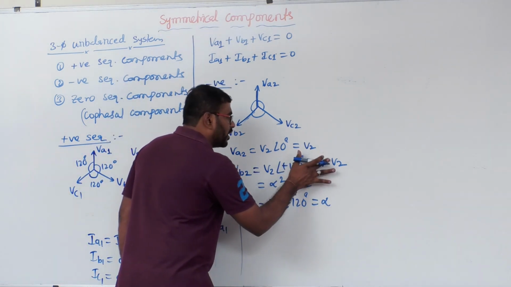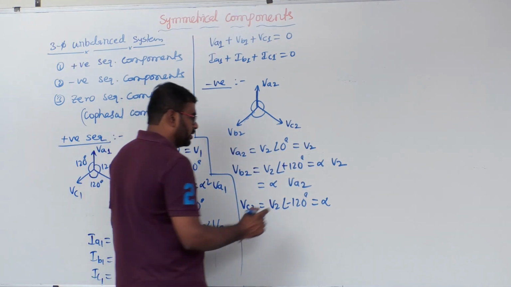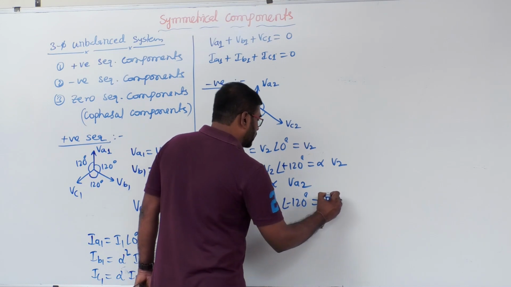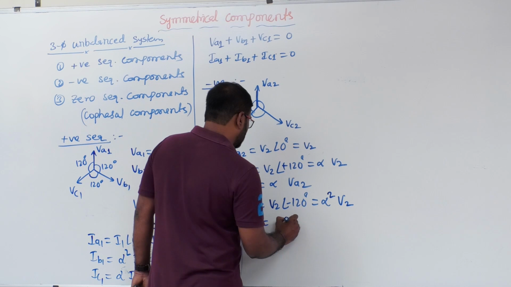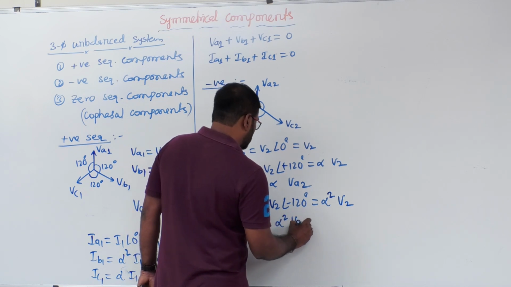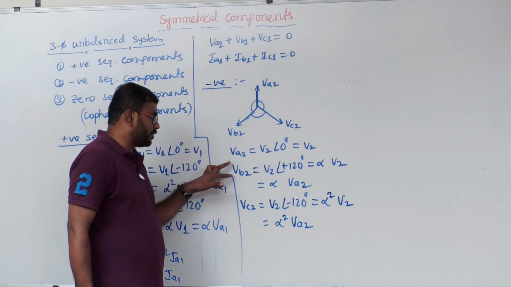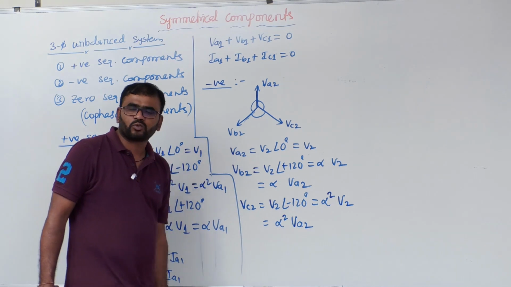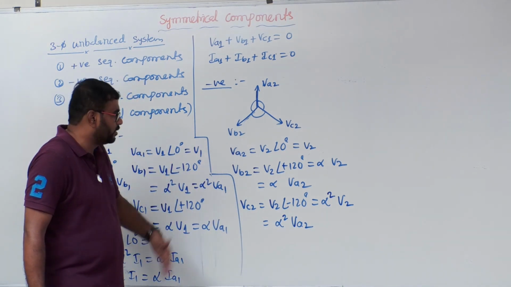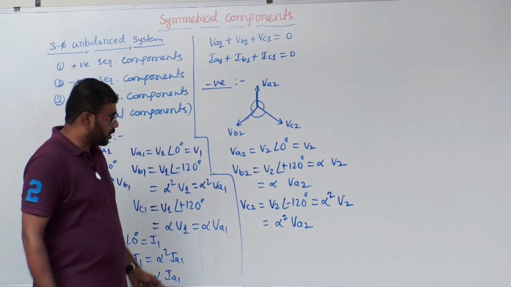Sorry, this is alpha, not alpha square. Alpha is 1 at an angle 120, so alpha, right. So, V2 at an angle minus 120, nothing but alpha square times V2, which is nothing but alpha square times VA2. So, again I am saying, if I know VA2, I can write VB2 is what? Alpha times VA2. VC2 means what? Alpha square times VA2. You don't need to calculate VB2, VC2 separately. Again I am saying the per phase approach is possible here.